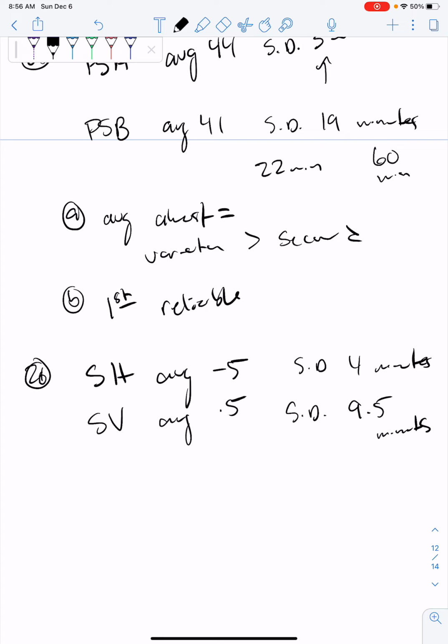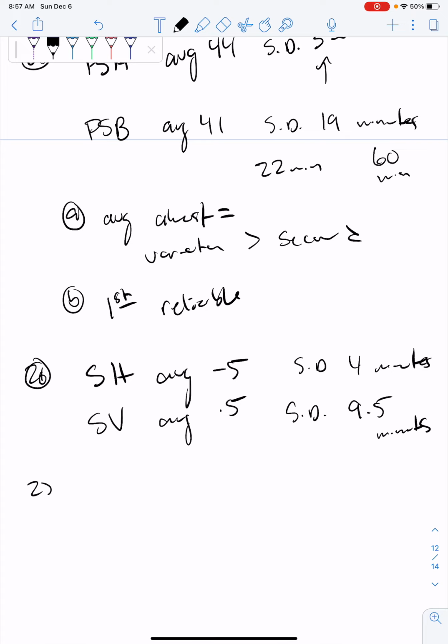So if you were wanting to avoid delays, then Sky High would be your best option, right? If you don't like your flight coming in way late or way early, you like being on time, you would choose Sky High. Okay, Skyview runs ahead of schedule, but it can also have a lot of delays. It could also run behind. It happens quite a bit.